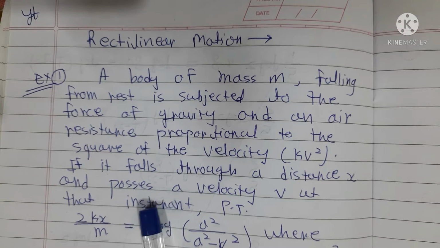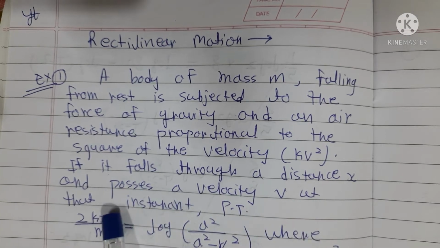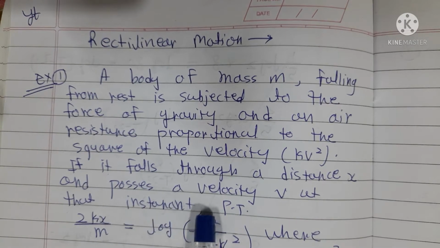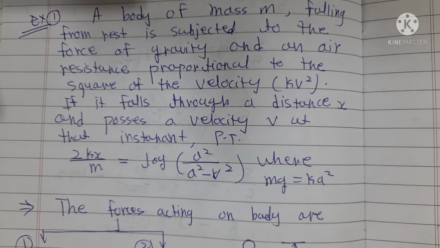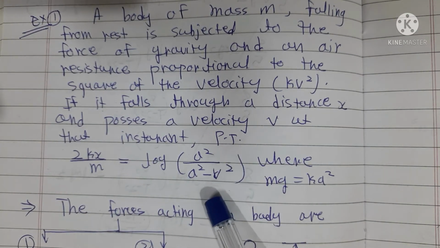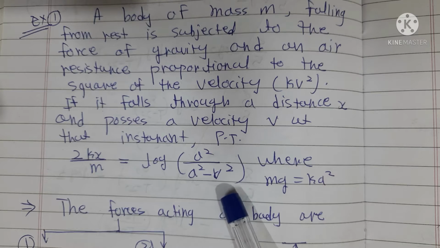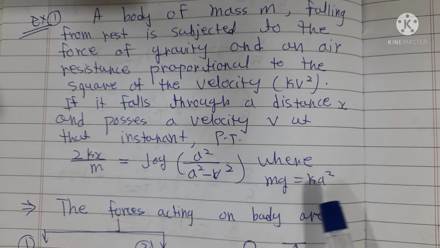If it falls through a distance x and possesses a velocity v at that instant, then prove that 2kx upon m is equal to log of a square upon a square minus v square, where mg is equal to k a square.